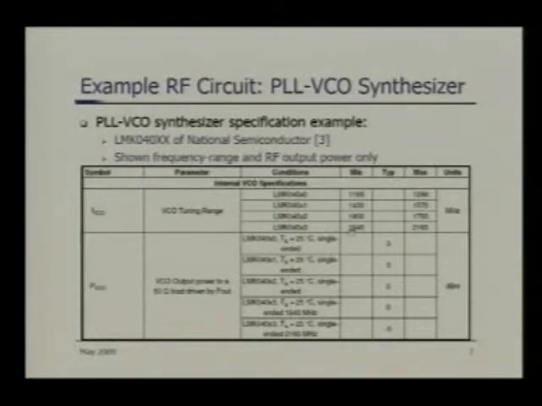When it is operating at 1840 megahertz, it gives out 0 dBm RF output power, and when we operate the PLL VCO synthesizer at 2.16 gigahertz, it gives out -5 dBm output power. So during the characterization process, you have to test over the frequency range, over the VCC, over the power levels, and so on and so forth.